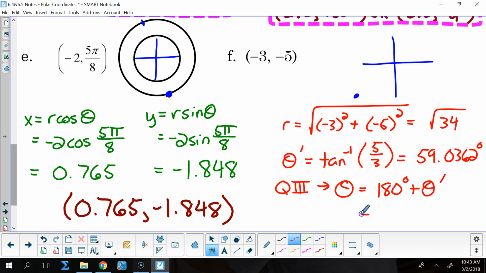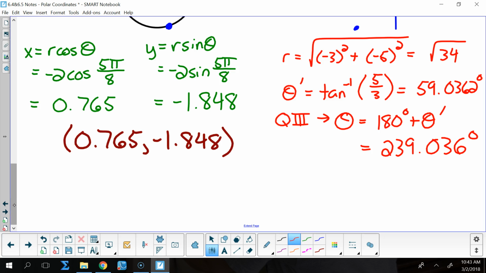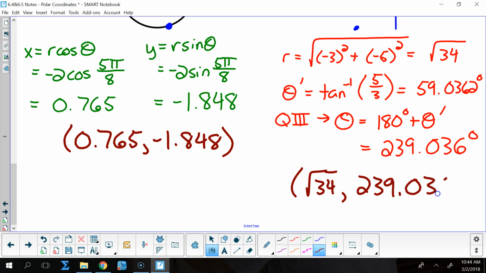So that's going to give me an actual angle of 239.036 degrees. So the polar point here would be the square root of 34, comma, 239.036 degrees.